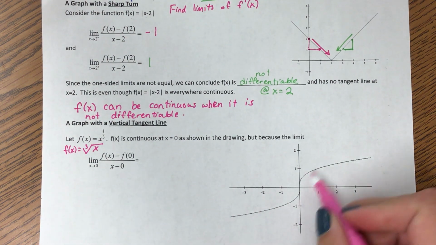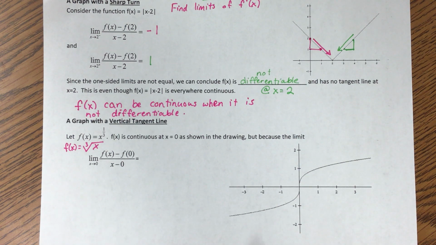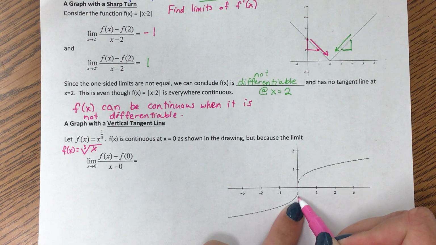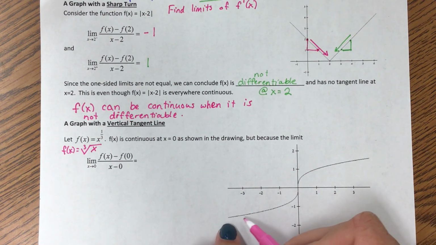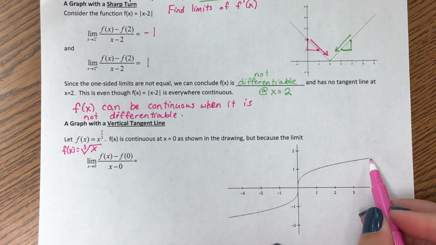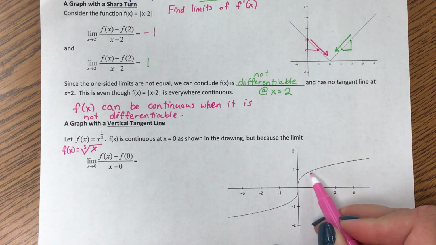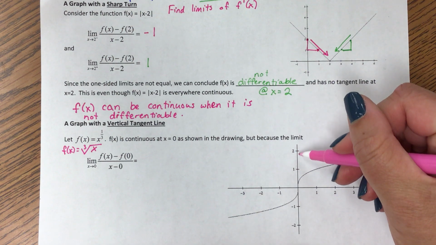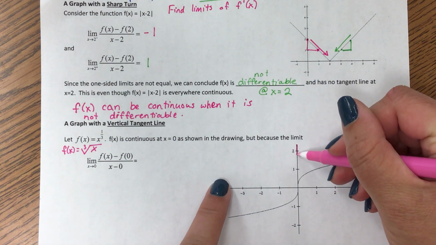It's continuous everywhere. Okay, the limit, though, as x approaches 0, let's take a look from the left-hand side and from the right-hand side. If we come up from the left-hand side, our numbers are getting very, very big, right? If we come in from the right-hand side, they're also getting really, really big. We end up having a vertical tangent line.